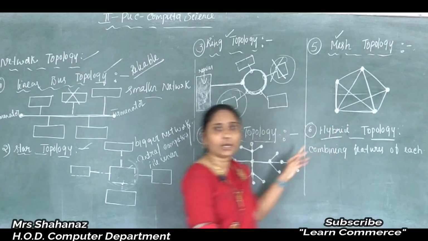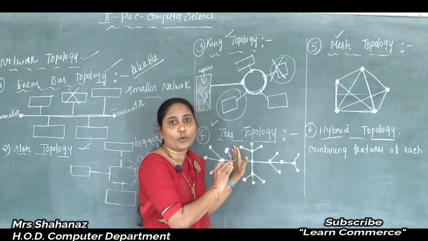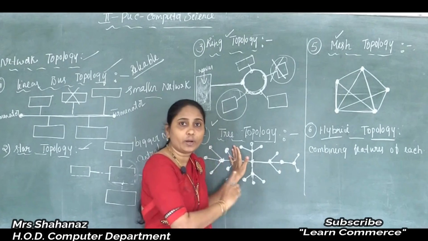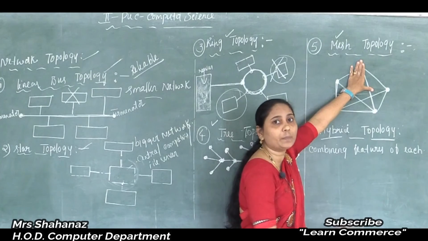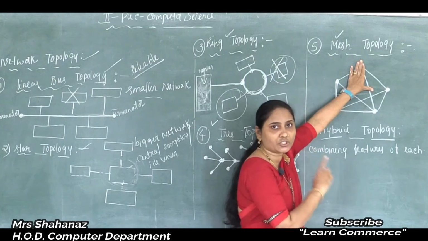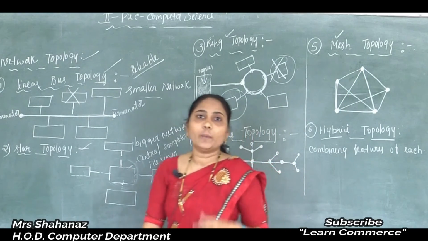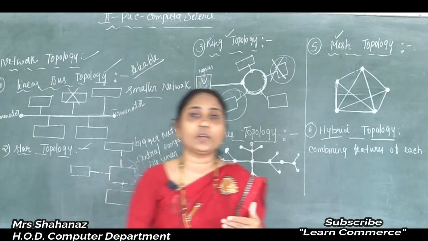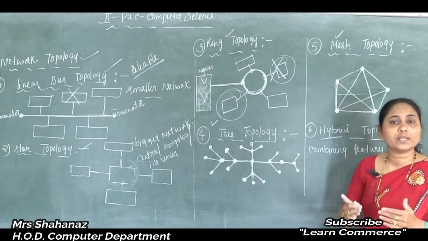It is not like our ring topology, where if any one computer fails, the whole network goes down and halts. But in the mesh topology, if any node or computer goes down, there is no problem. However, as the number of computers increases, it is very difficult to implement and to take care of the computers.